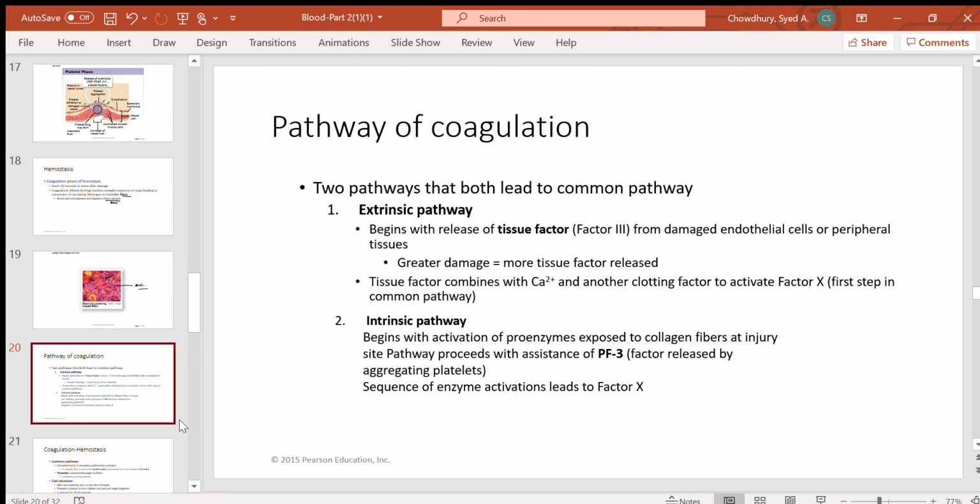Now the coagulation can occur in 2 pathways. One is called the extrinsic and another is the intrinsic pathway. Let me explain the differences between the extrinsic and intrinsic pathways.